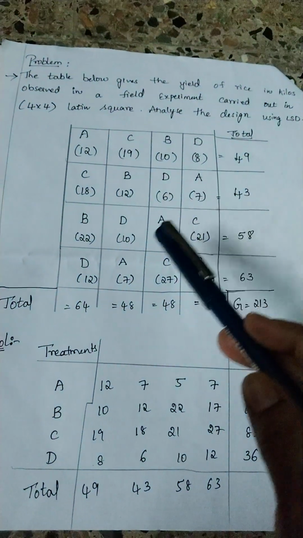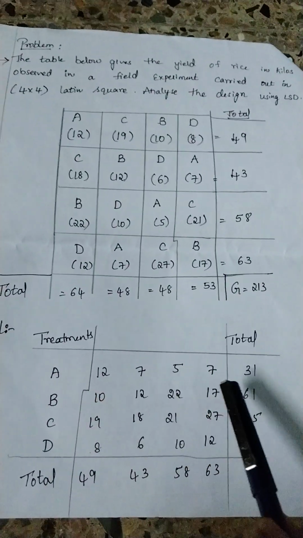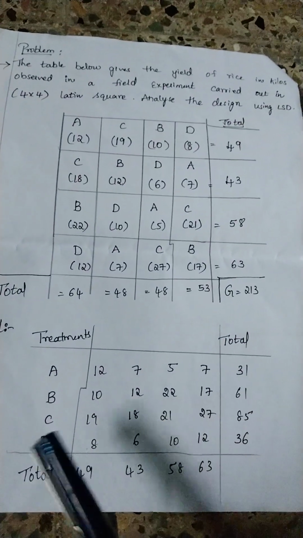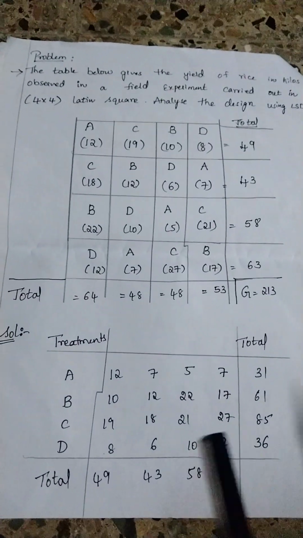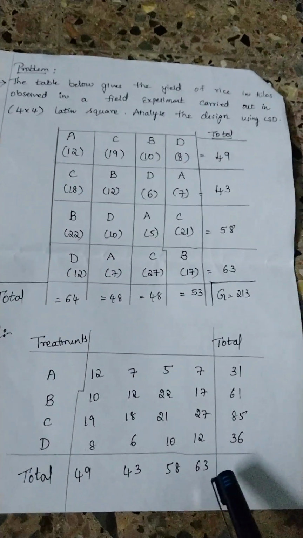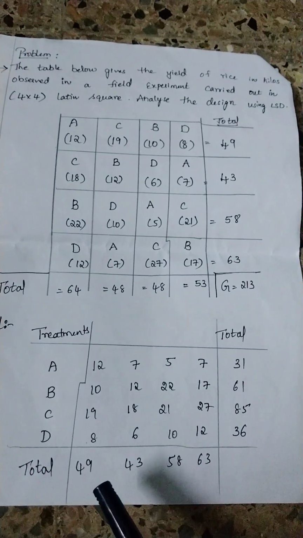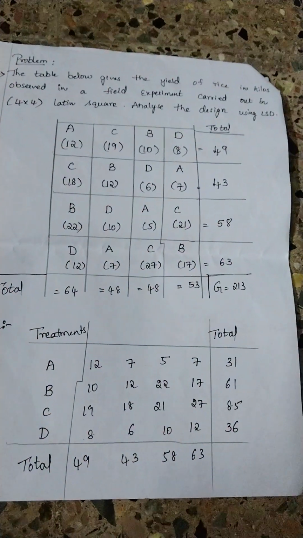Here it is 7. Here it is 5. And here it is 7. You write these in a row for treatment A. Similarly, we write up to D. Why we find another table is to find the sum of squares due to treatments.